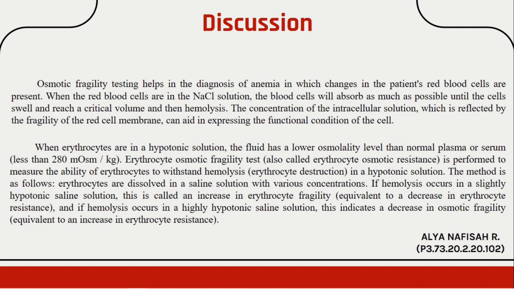When the red blood cells are in the initial solution, the blood cell will absorb as much as possible until the cells swell and reach a critical volume and then hemolysis. The concentration of the intracellular solution, which is reflected by the fragility of the red cell membrane, can aid in expressing the functional condition of the cell.